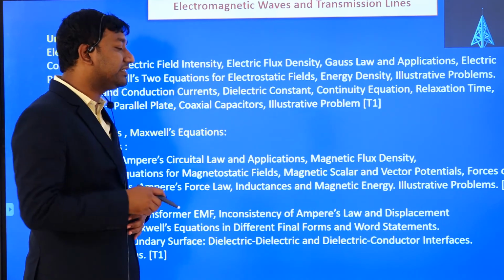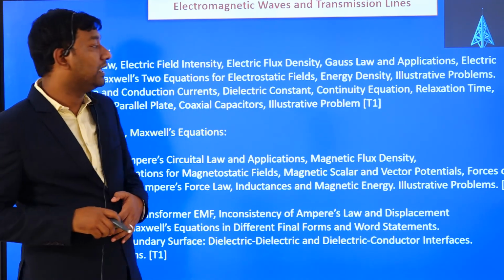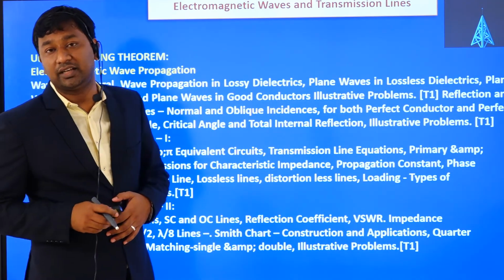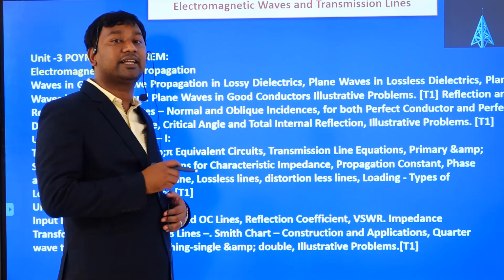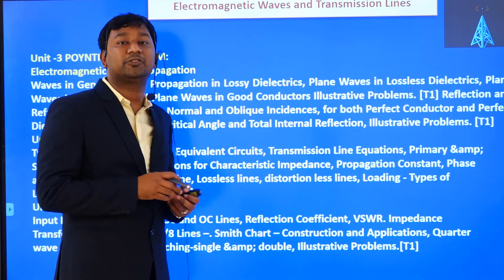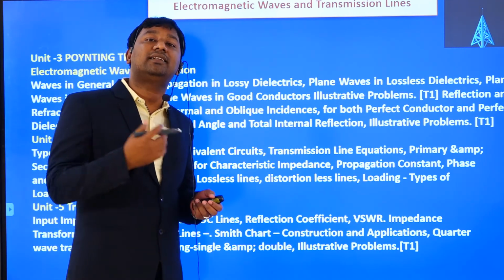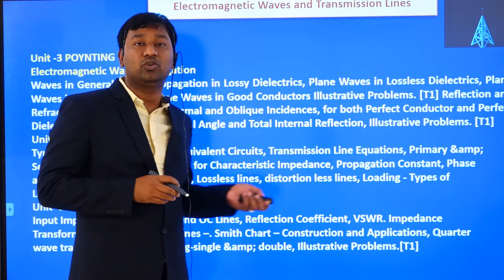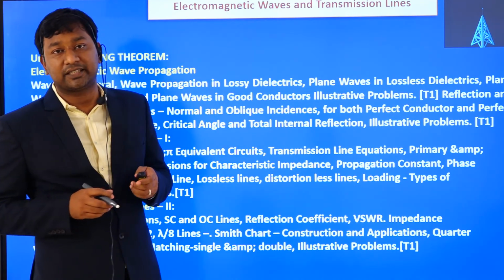The first 3 units are directly related to Maxwell equations, and the last 2-3 units are related to transmission line: the different equivalent circuits, how transmission lines transfer signals over large distances, and the different calculations we do in EMWTL.